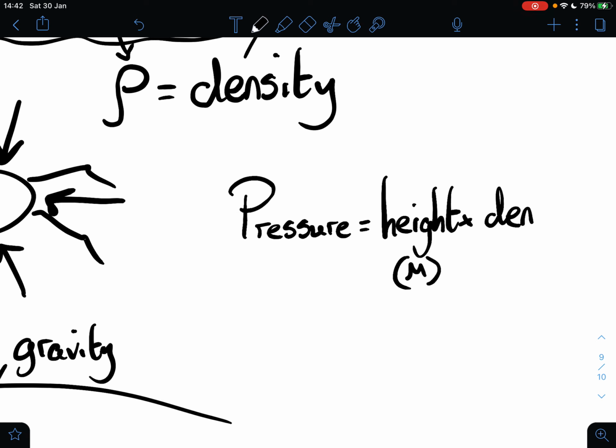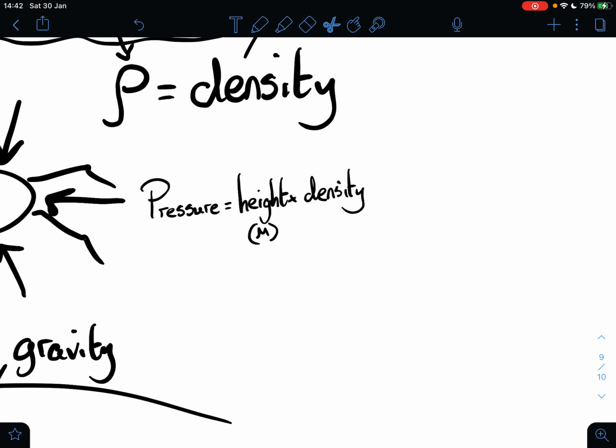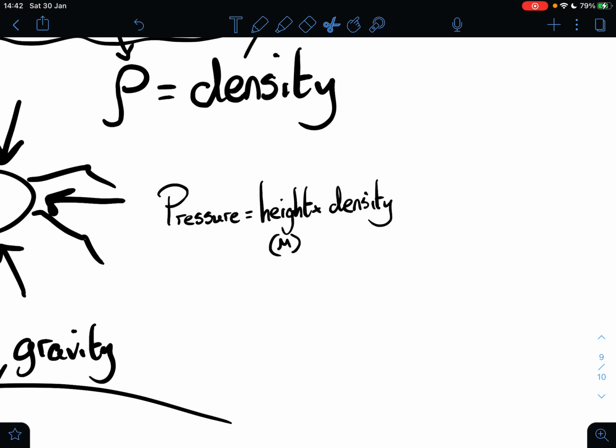So the density of the liquid, and that is given in kilograms per meter cubed. Kilograms for every meter cubed of the water times gravity. And gravity will tell you how many newtons for every kilogram you have. Okay.